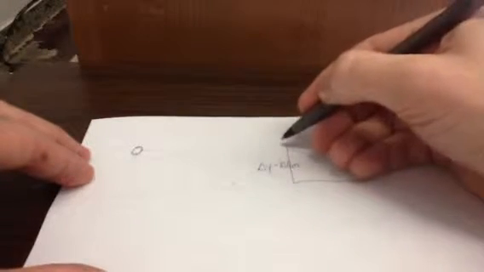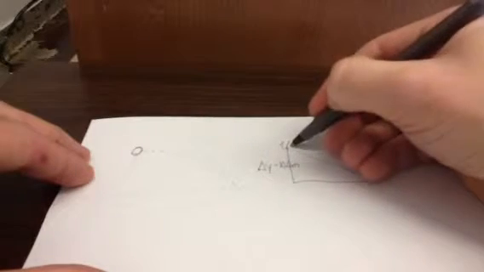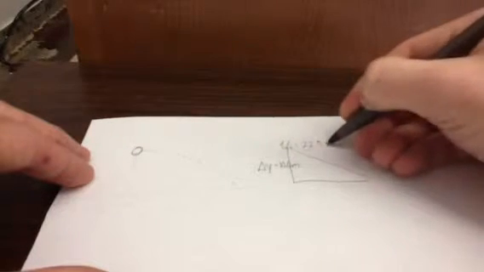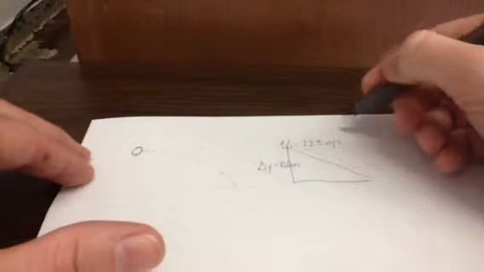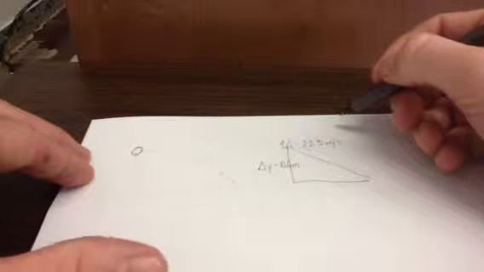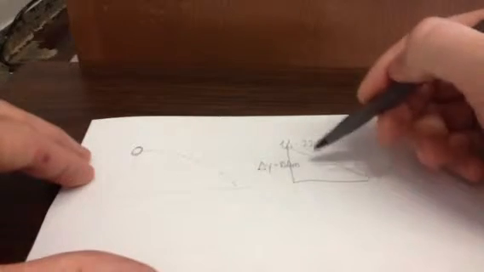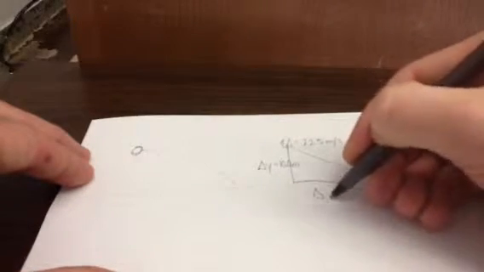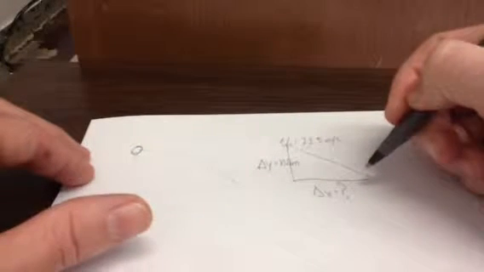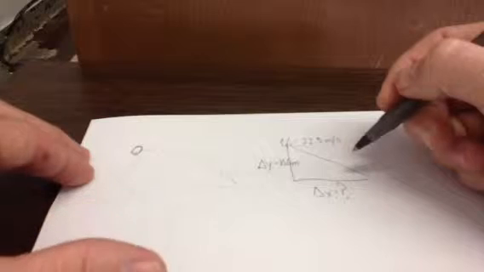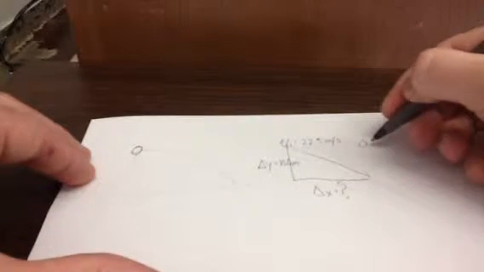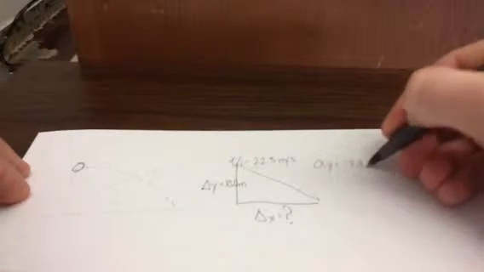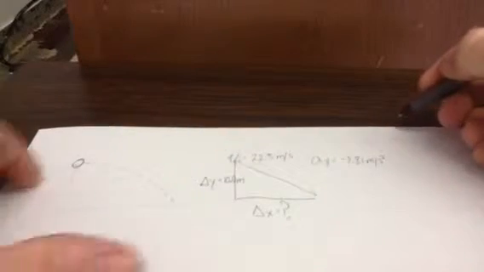And we know that the speed of the plane, all right, that's the x component of it, is 22.5 meters per second, okay? And the director wants to know when the plane should drop the dummy to make sure it lands right there. So we're trying to find our delta x in this particular problem, okay? And one other thing that we know as well too, as in with any of these horizontal projectile motion problems, is that our acceleration in the y is that negative 9.81 meters per second squared like we talked about, okay?